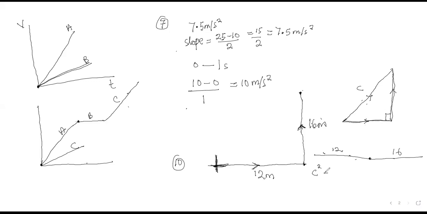C squared is equal to A squared plus B squared. A is 12, B is 16, so 12 squared plus 16 squared, and the answer is 20 meters.